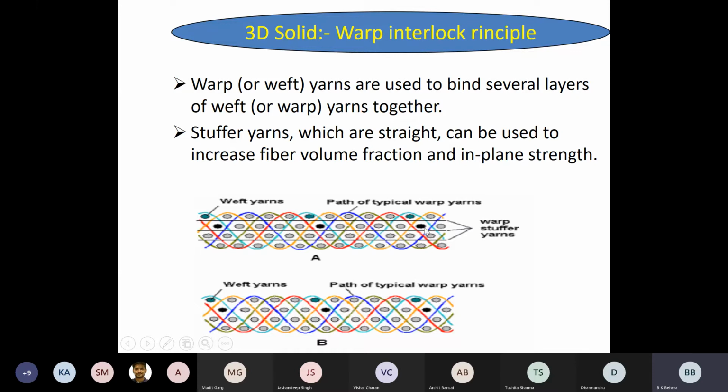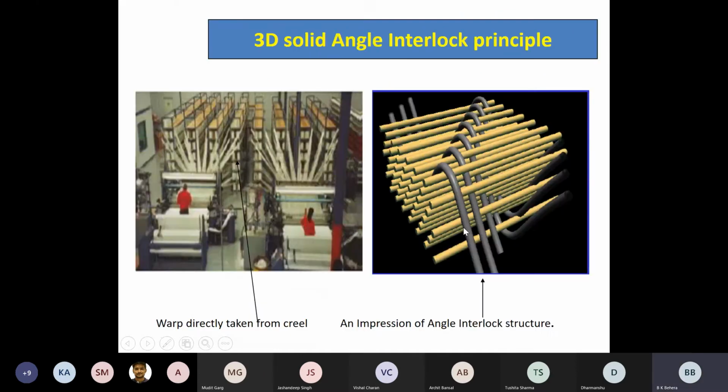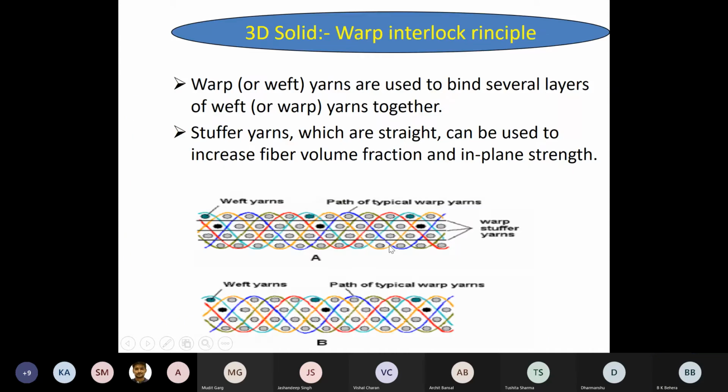Okay, so here these straight yarns, this is a weft interlock. Remember why it is called weft interlock? The straight yarns you see here, they are stuffer warp 1, 2, 3, and these yarns are weft yarn. So interlocking is taking place through the weft yarn. Okay, then the properties I will come to a little later.